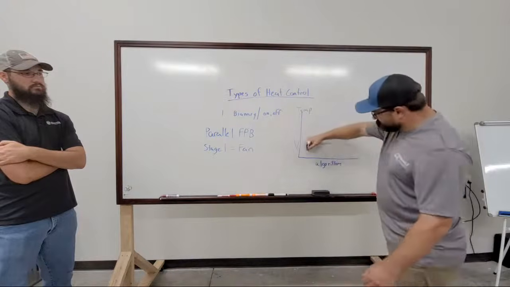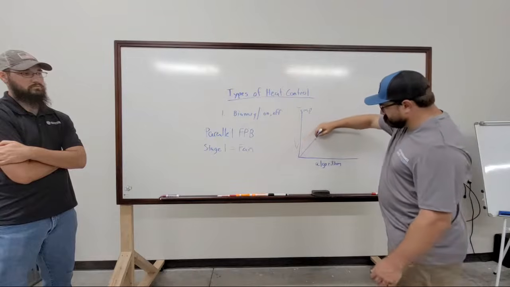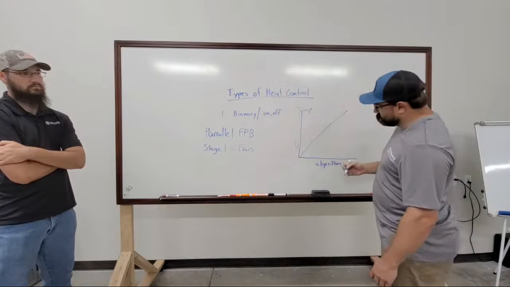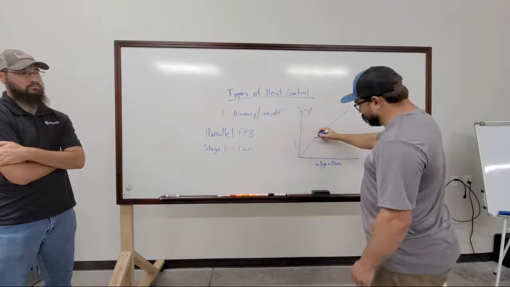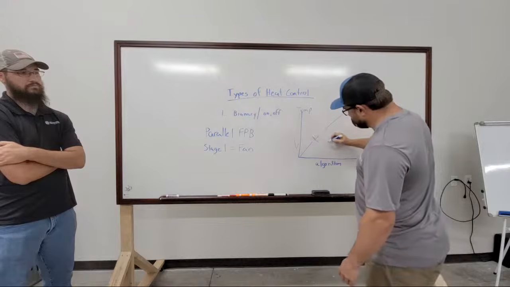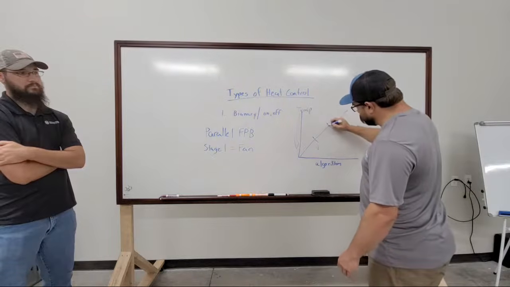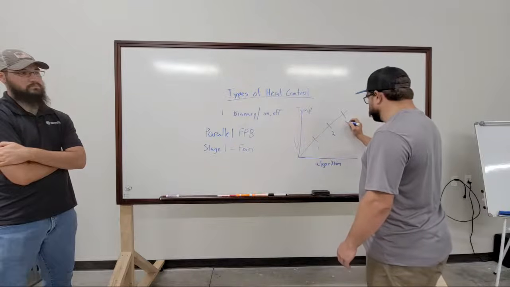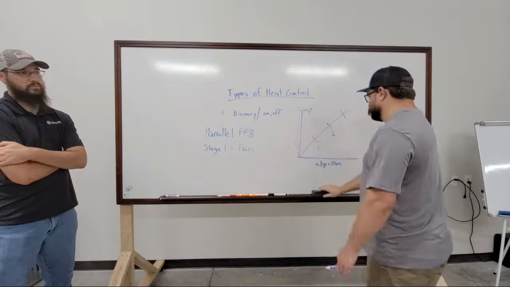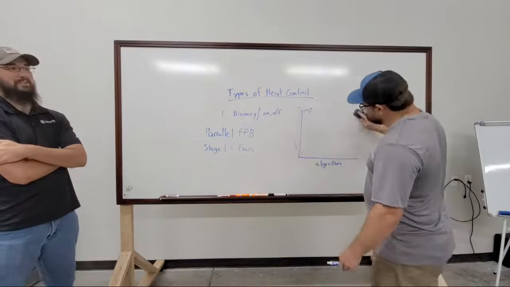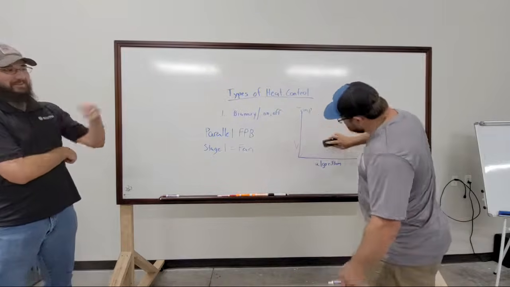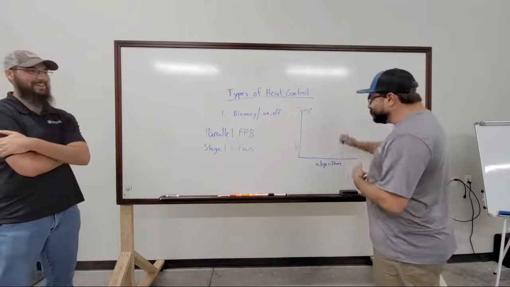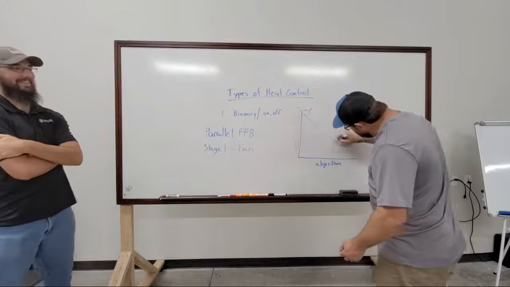Our algorithm will increase. So if at this point you may have stage 1, at this point you may have stage 2, at this point actually, hang on, that's the other way around. Scratch that, that's direct acting. This way. There you go.